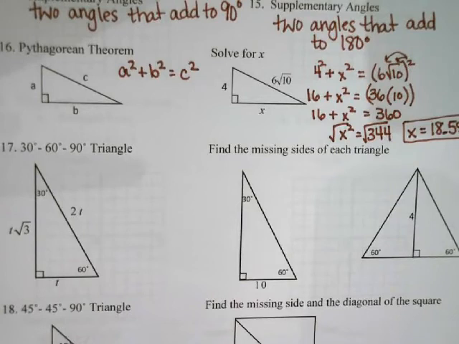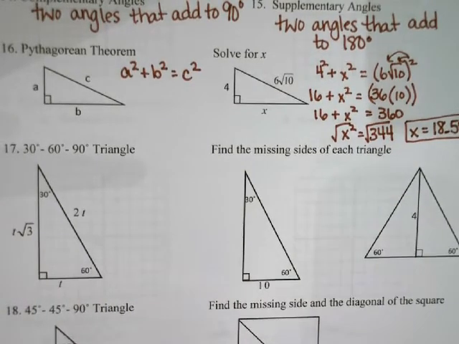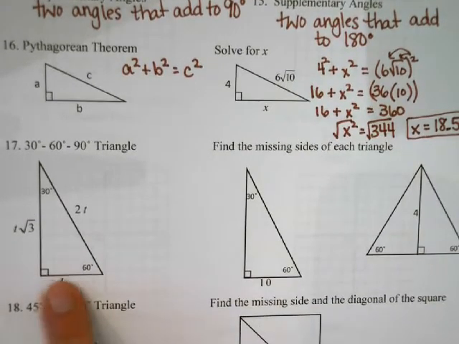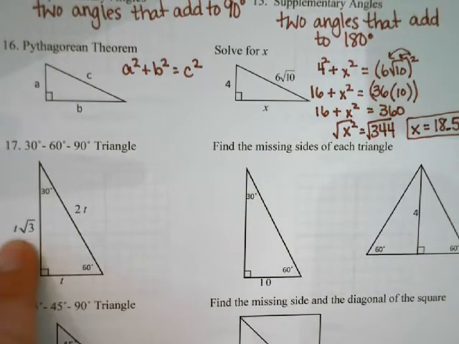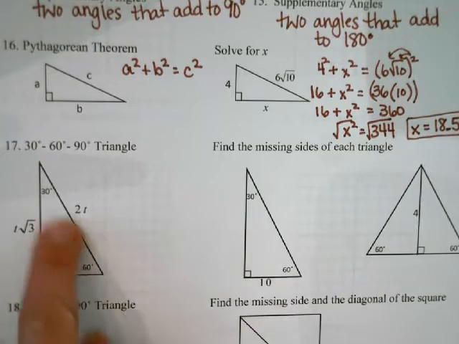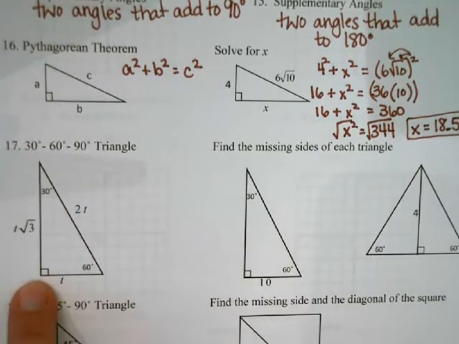All right, number 17 talks about a 30, 60, 90 triangle. We talked about these in geometry last year, and you were told to memorize these last year, but we're going to do them again. We know the ratio of the sides of a 30, 60, 90 triangle. The short leg is always across from the 30, the long leg is across from the 60, and the hypotenuse is across the triangle from the right angle.